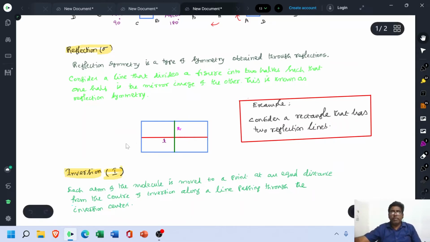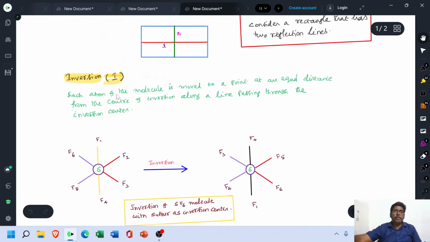See here, this is a rectangle. 2 lines are present. This is line 1, this is line 2. Suppose the reflection is made about this line, you can get the original structure. If you make the reflection through this line, once again you can get the original structure. So this is called as reflection symmetry.